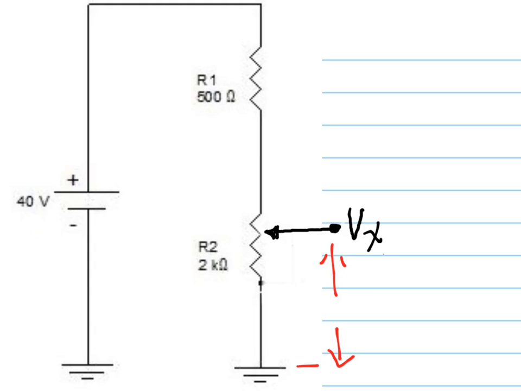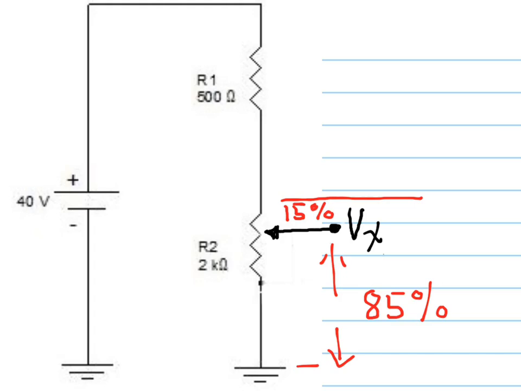So let's just assume that our wiper here is down 15%. So that means this span here must be 100 minus 15, which is 85%.